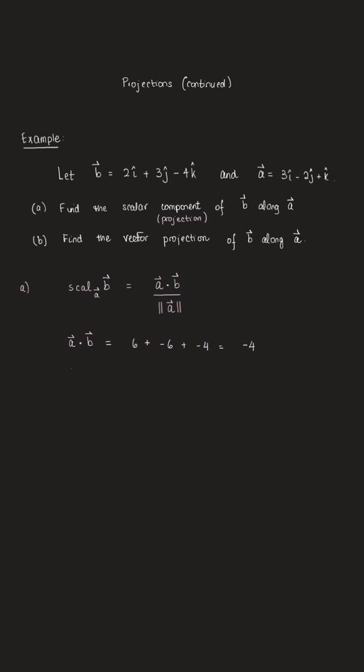We also now need the magnitude of vector a, and that's going to be the square root of the sum of the components squared. So the first component is 3, so we'll have 3 squared plus negative 2 squared plus 1 squared. And this is the square root of 9 plus 4 plus 1, which gives us the square root of 14.